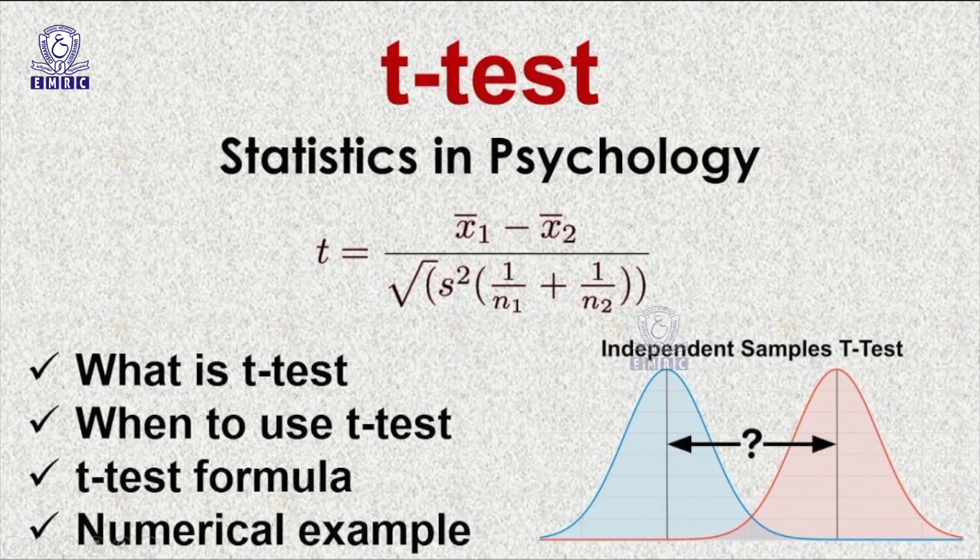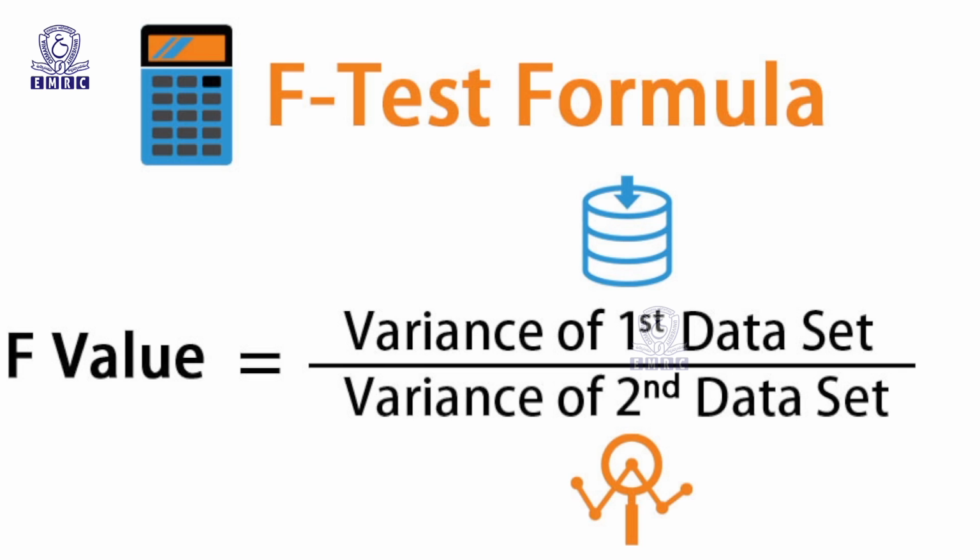In behavioral science research, rejection or acceptance of a null hypothesis is based on 0.05 or 0.01 alpha level of significance. The statisticians have developed various tests like chi-square test, t-test, f-test for the purpose of testing the hypothesis.